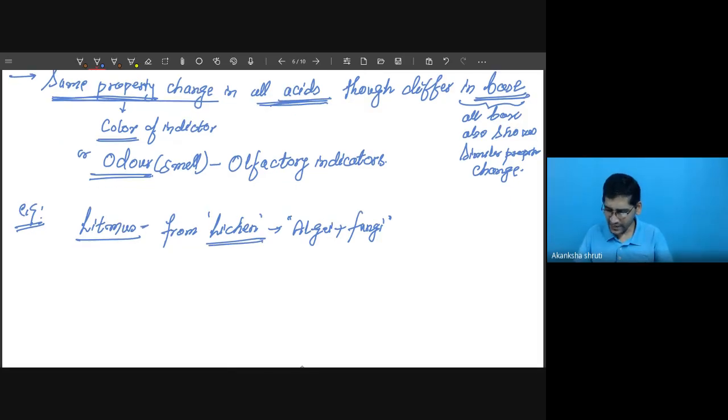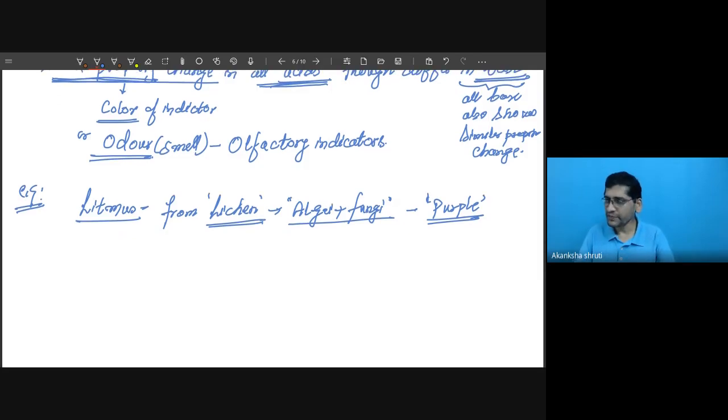Then the sap of this is purple in color, so it gives a purple color juice. Now, this purple juice can be converted into red or blue color by adding an external dye or external color.